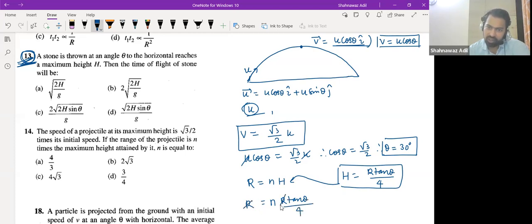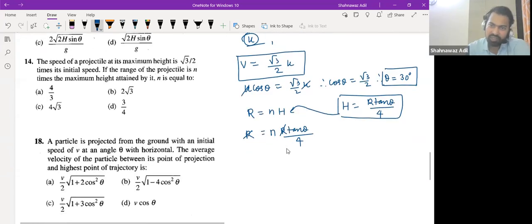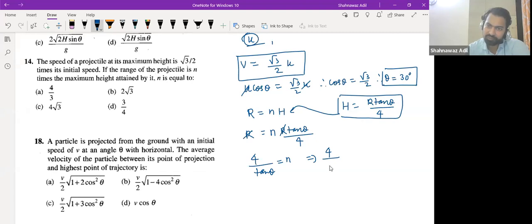So r cancels, and this is 4, and so tan theta equals n by 4. What is the value of theta that we got? 30. So tan 30 equals n by 4. What is the value of tan 30? 1 by root 3. So this goes in here, so 4 by root 3. This is the value of n.